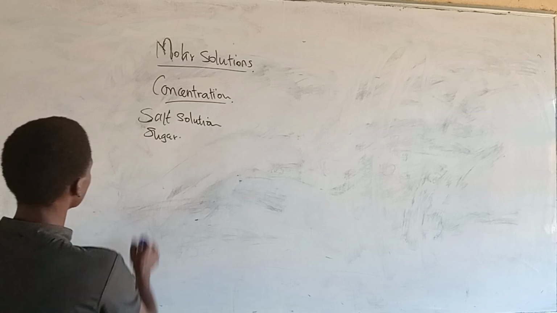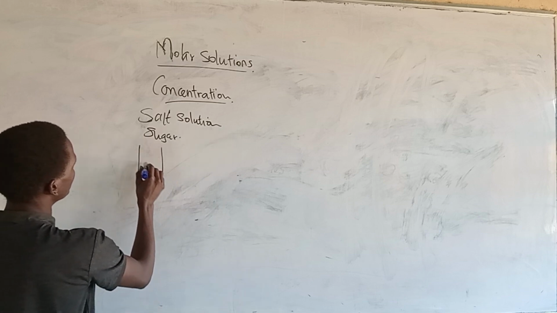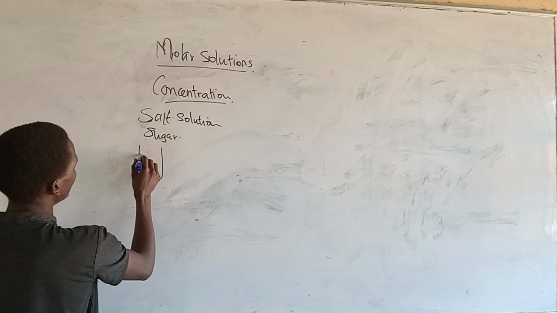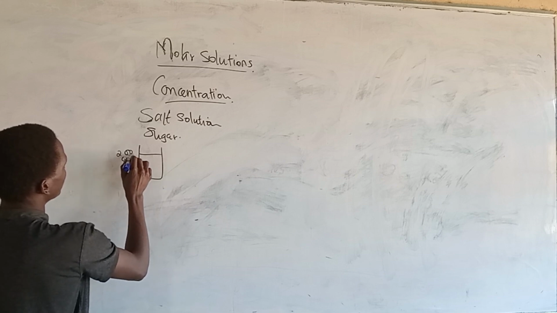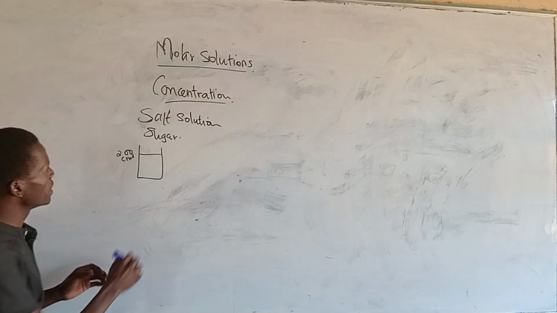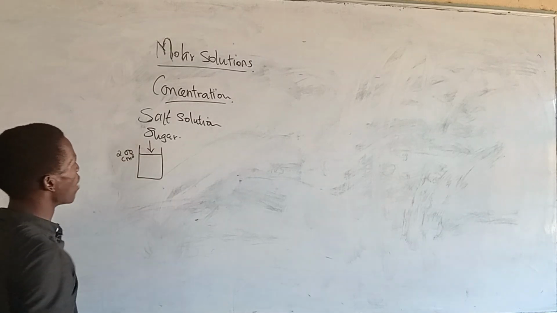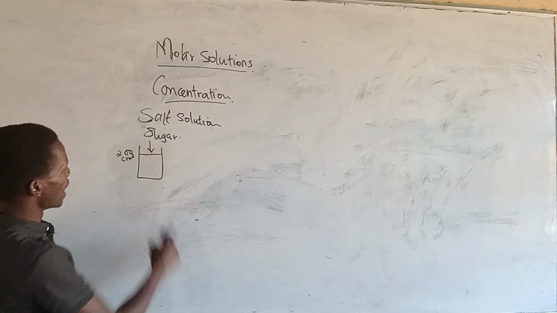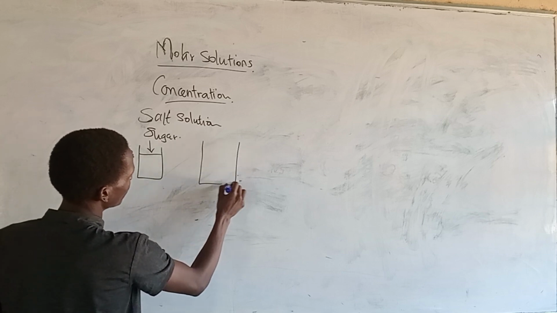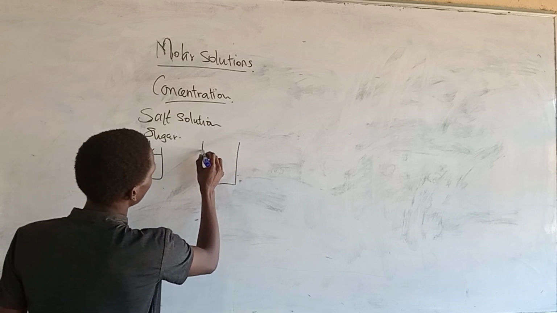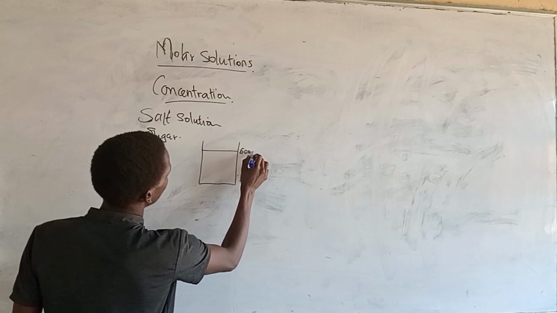Now, when you dissolve a salt, let's say this is a 200 ml container with a certain amount of sugar, and we have another bigger container here that is around 500 ml.